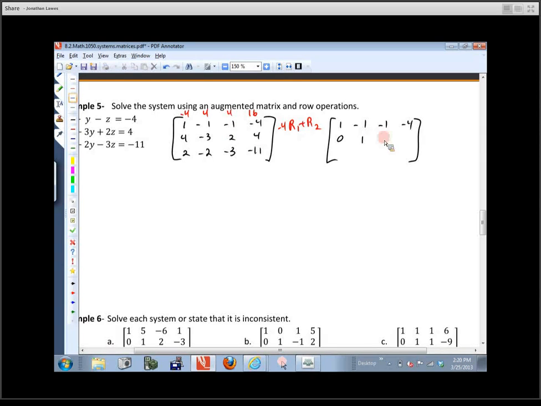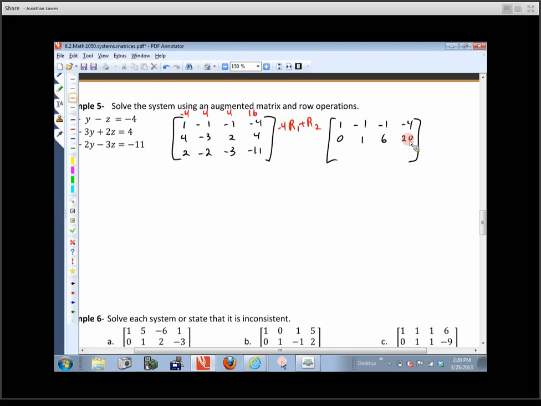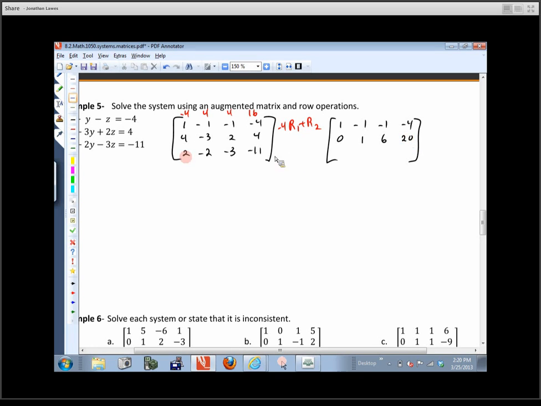Next one? 6, 20. Okay, now, everybody watch, please. If I do this one step at a time, I have to write down 7, 8, 9 augmented matrices. Would it be okay with you if we got rid of that one in the same step? Since I want to write one that I like right here, can we do that at the same time?